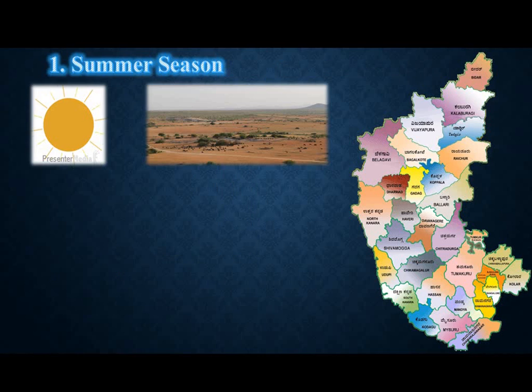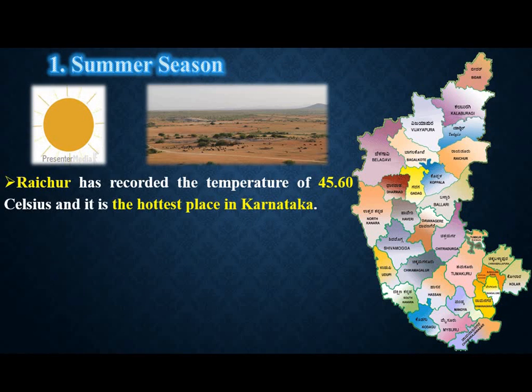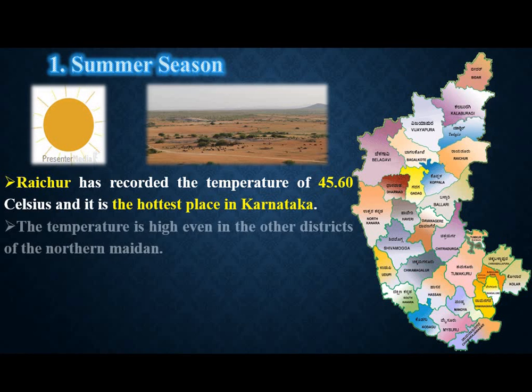And I also want to tell you exactly, the Raichur district has recorded the highest temperature in Karnataka, about 45.60 degrees Celsius, and it is the hottest place in Karnataka. Students, which is the hottest place in Karnataka? Raichur. What is the temperature? 45.60 degrees Celsius.